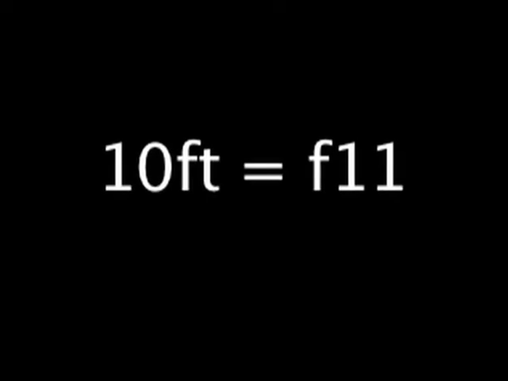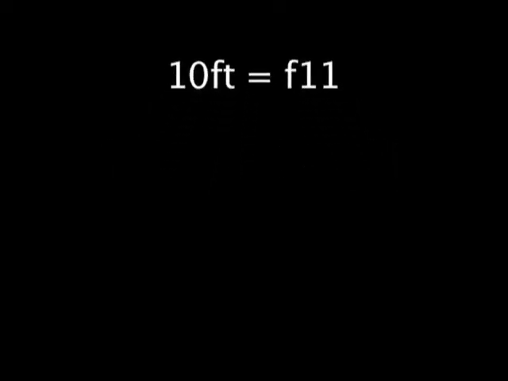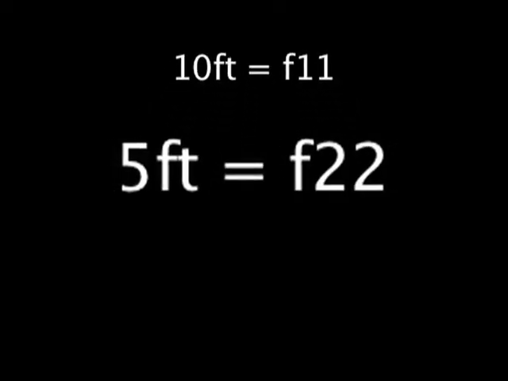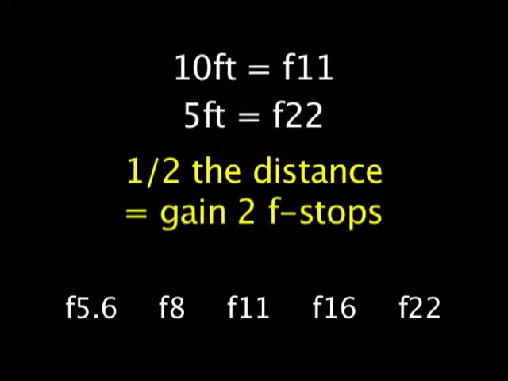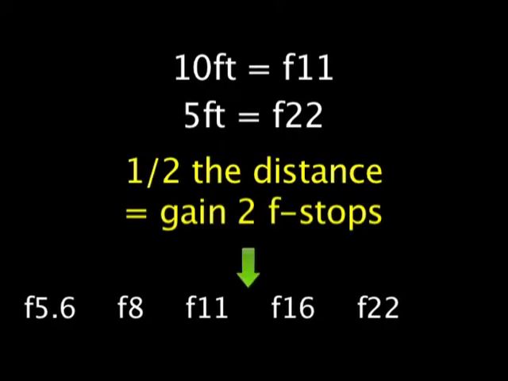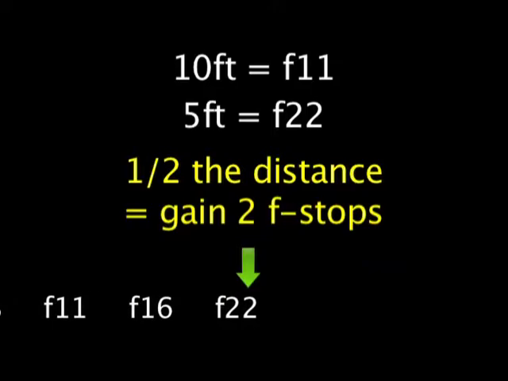The inverse square law says if we take any given distance and cut it in half, we gain 2 stops. Well, that's exactly what happens mathematically. If I know 10 feet is F11 and I cut that distance in half to 5 feet, I know that I'm going to gain 2 stops. So F11, 16, 22.